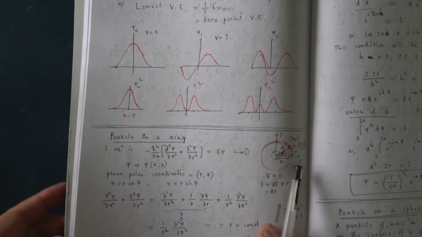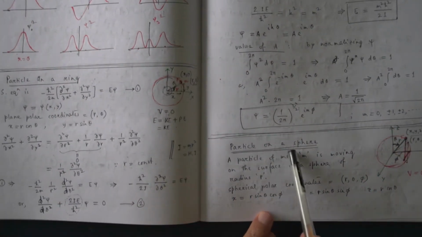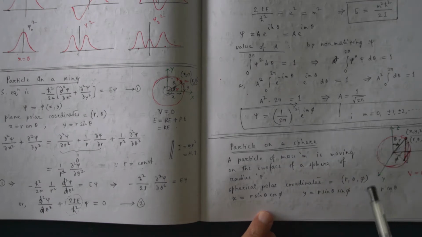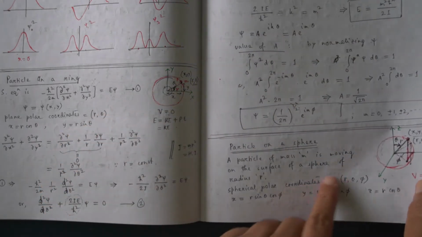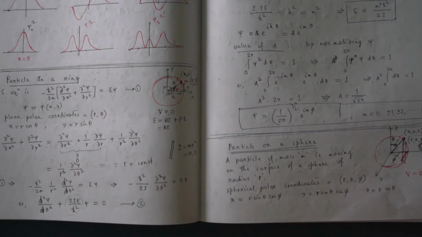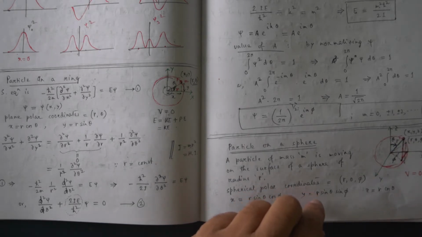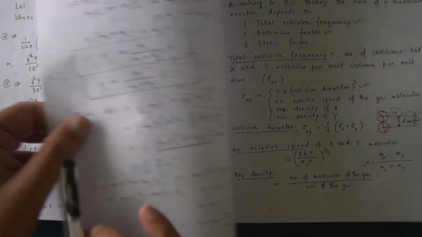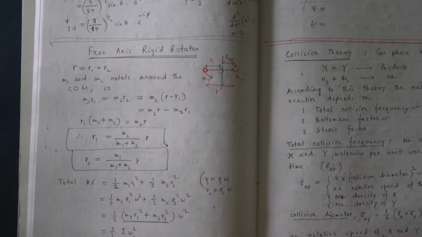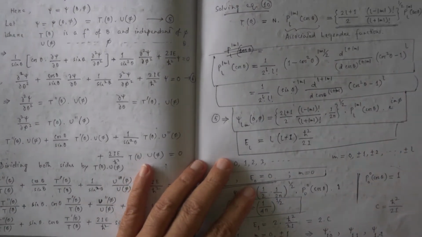So we discussed particle on a ring, then particle on a sphere. This is three dimensional. We solved the Schrödinger equation for the particle moving on the surface of a sphere, and we obtained the wave function and energy.